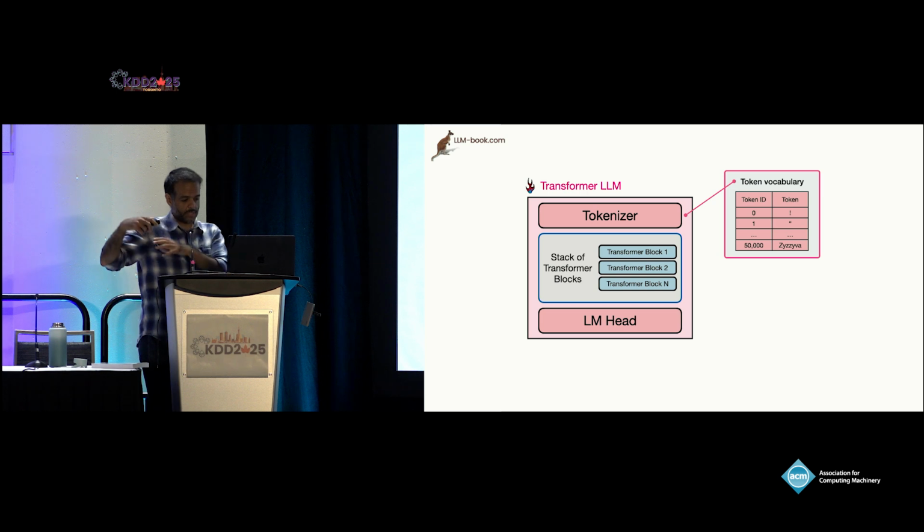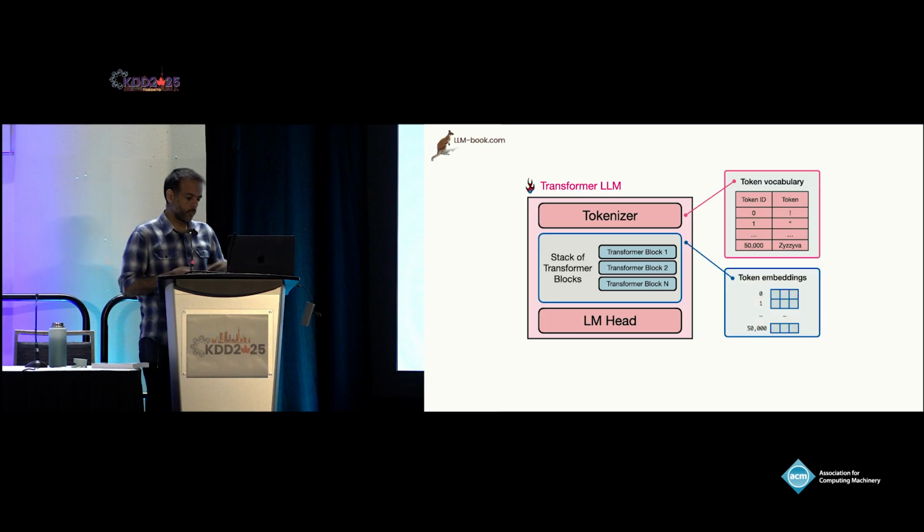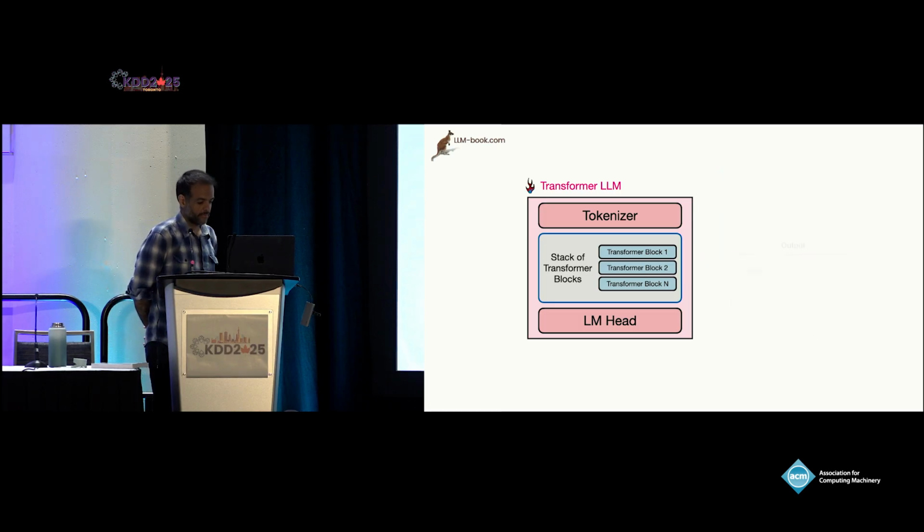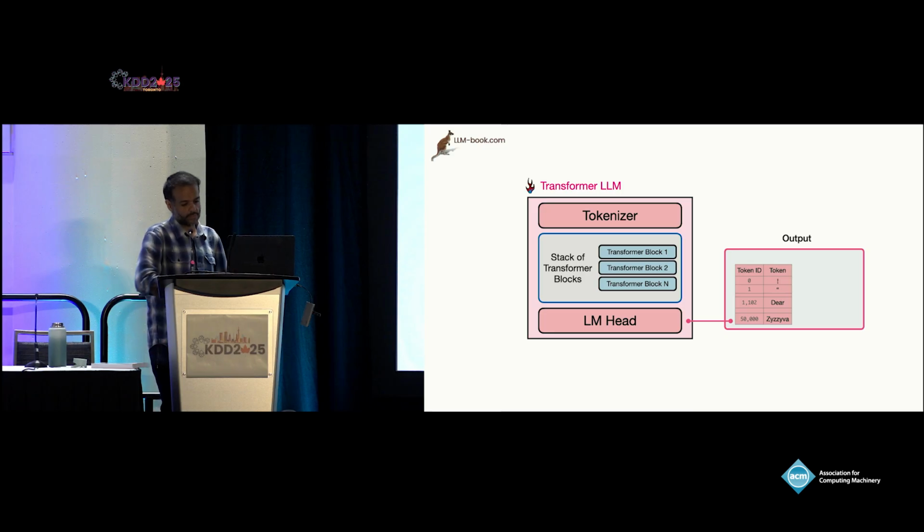The tokenizer has a token vocabulary. It knows only, let's say, 50,000 or 100,000 tokens. And with these tokens, there are associated embeddings for all of them. This is the embeddings matrix that is part of the model. So if your tokenizer knows 50,000 tokens, your embeddings matrix has 50,000 elements to use for that translation.